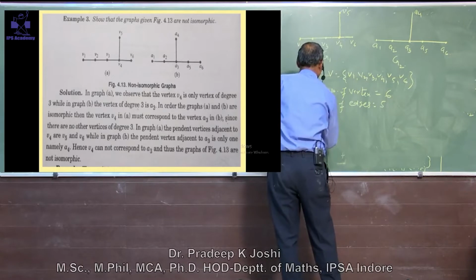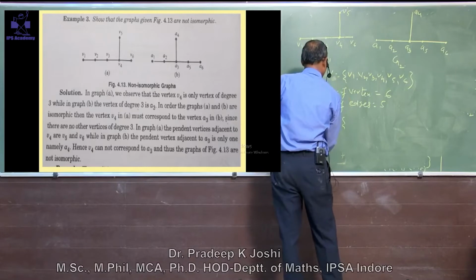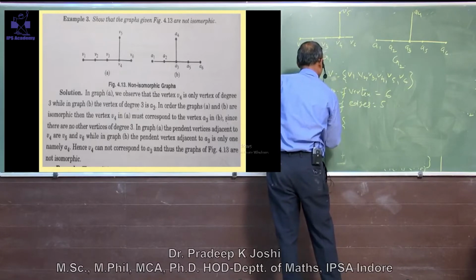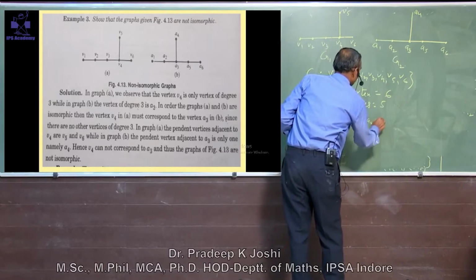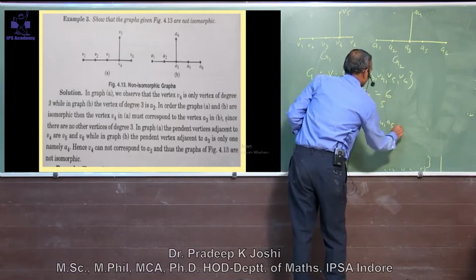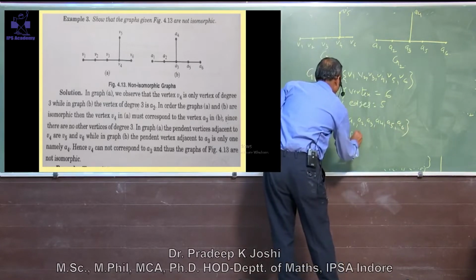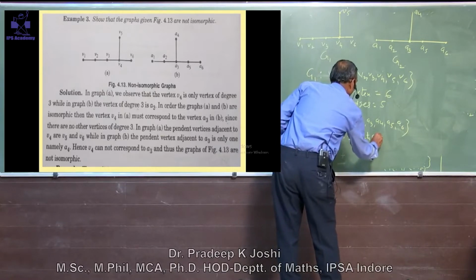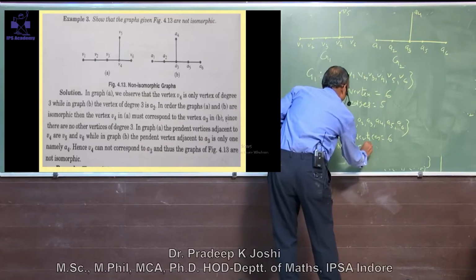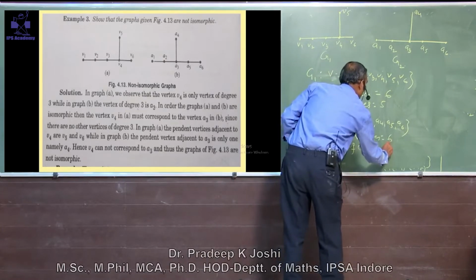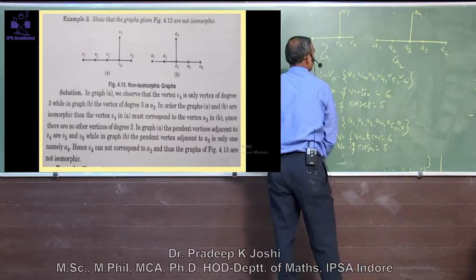For G2 the vertex set is A1, A2, A3, A4, A5 and A6, so the number of vertices equals 6 and the number of edges equals 5. So this follows the basic condition.